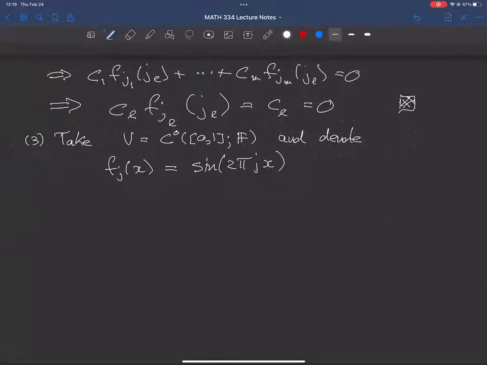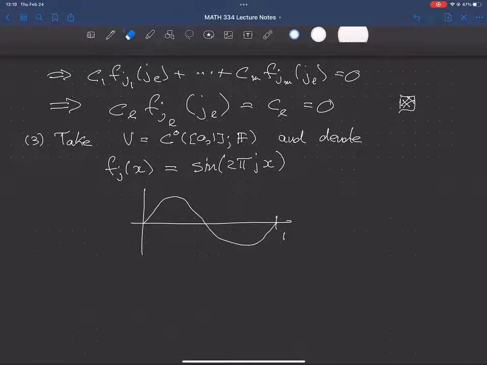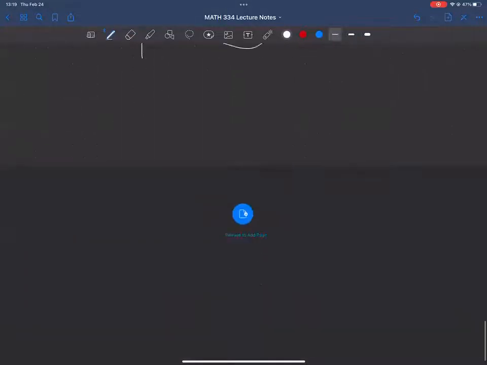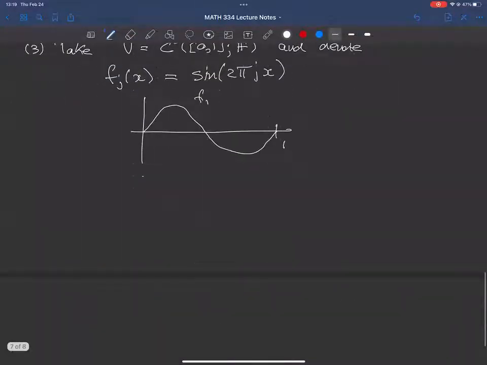So what do these functions look like? These are functions defined on the interval [0,1]. So f_1 is just the sine function with period 1. Right, so that's f_1. f_2 will be the sine function with period a half.